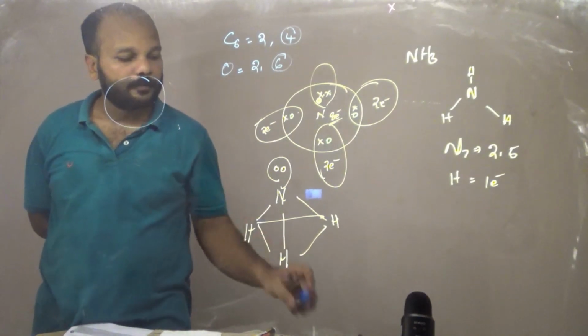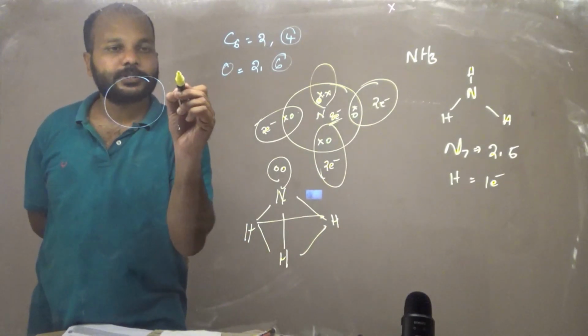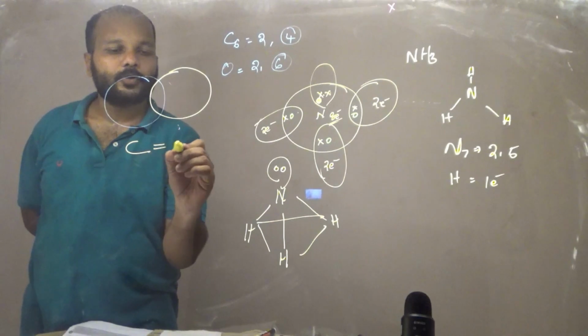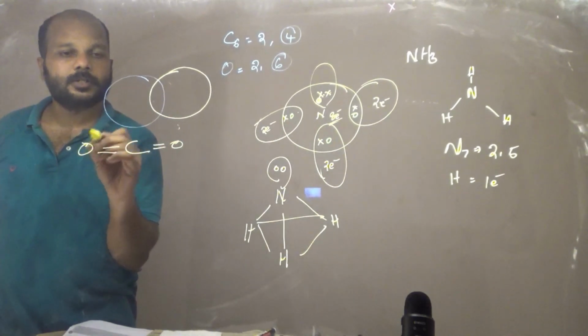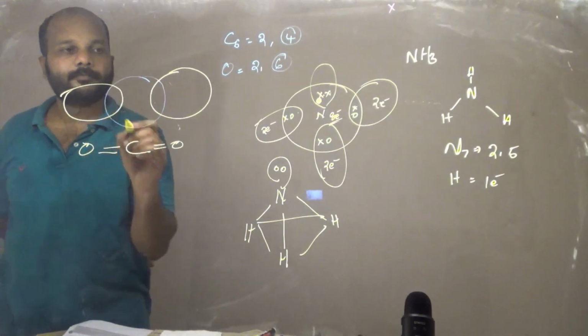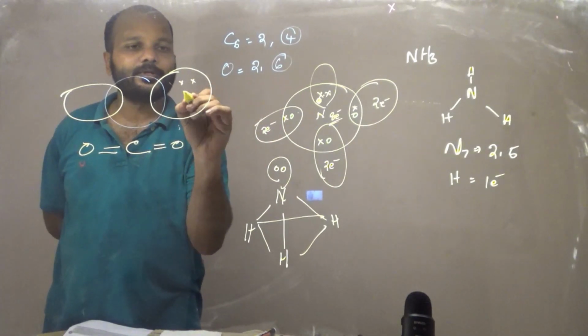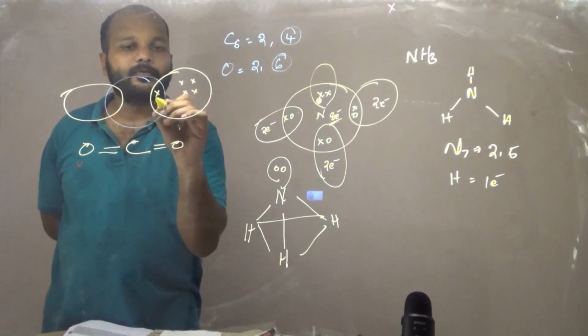So this is carbon, and this is oxygen: oxygen double bonded to carbon, double bonded to oxygen. I will tell you why it has come in that way. So there are 6 electrons of oxygen: 1, 2, 3, 4, 5, 6.